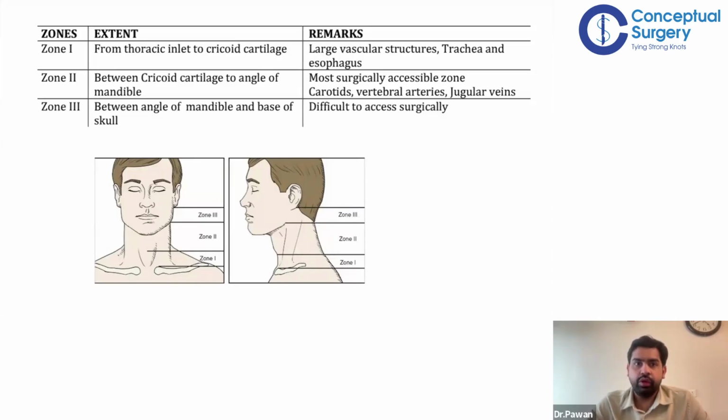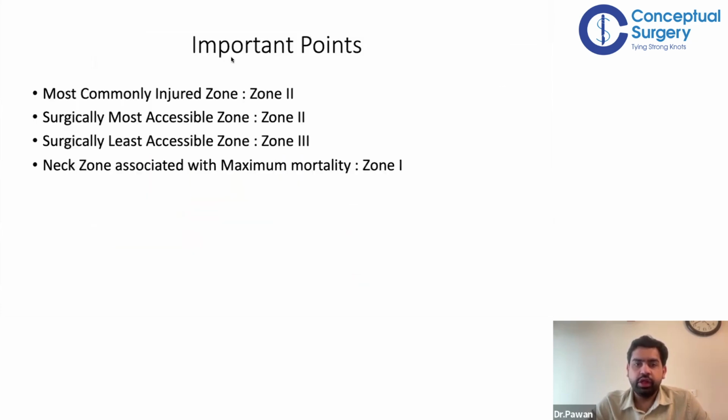Now, these are a few one-liners which you should remember, which might help you in your assessment. Which is the zone of the neck which is most commonly injured? Zone 2. Surgically, which zone is most accessible?